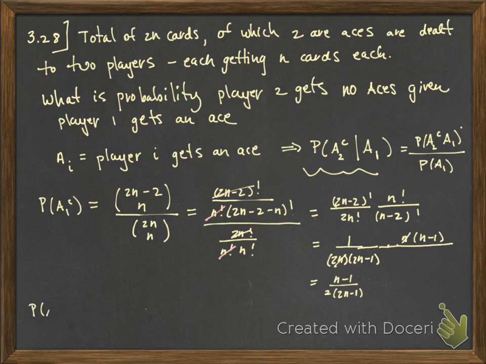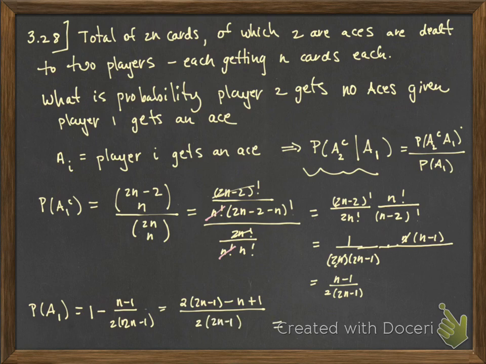So the probability that A1 gets at least one ace is 1 minus (n minus 1) over 2 times (2n minus 1). Now we're getting a common denominator, so 2 times (2n minus 1) minus (n minus 1) over 2 times (2n minus 1).